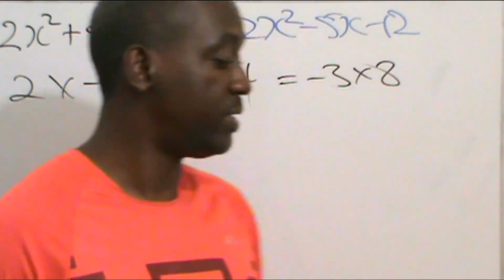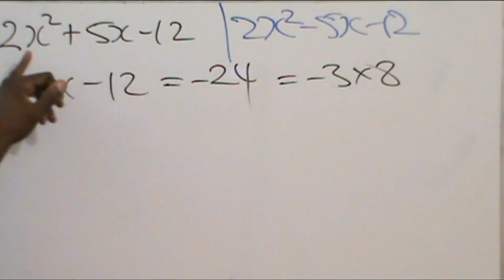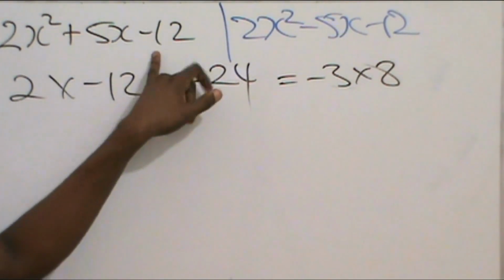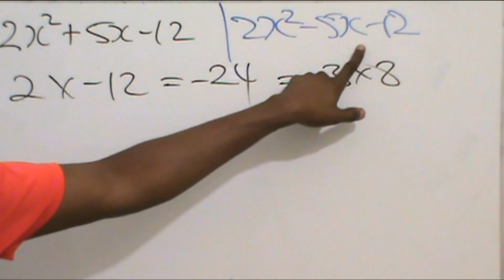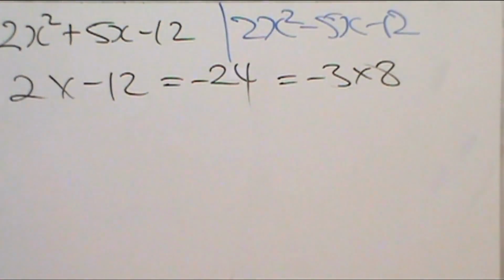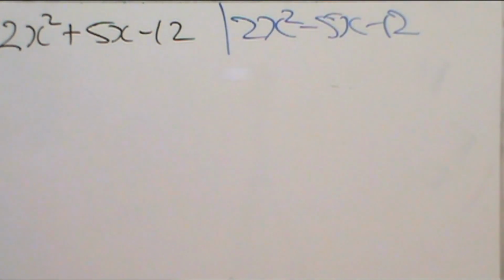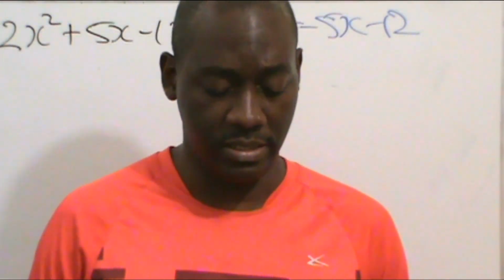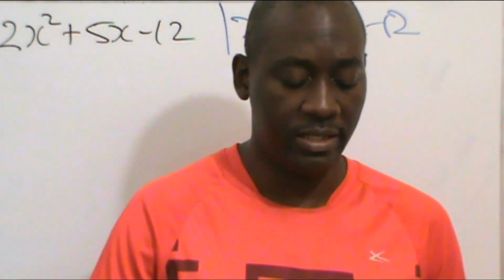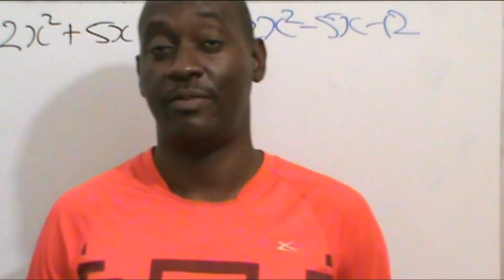So what I will do is work these two side by side so that you will see the difference between 2x squared plus 5x minus 12 and 2x squared minus 5x minus 12. Alright, so we establish in both cases that A would be 2 and C would be minus 12.